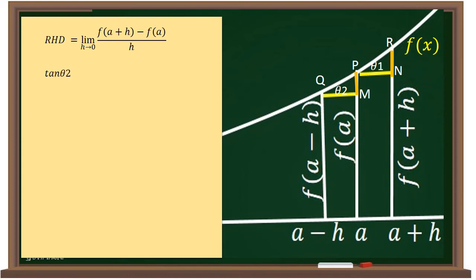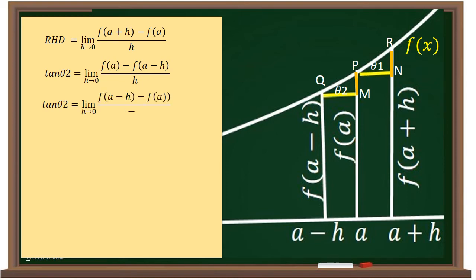Now tan theta 2 is equal to limit h tends to 0 of PM by QM, or f(a) minus f(a minus h) by h. Now to make it similar to RHD, I can write it as limit h tends to 0 of f(a minus h) minus f(a) by minus h.